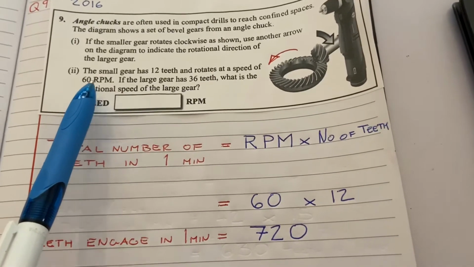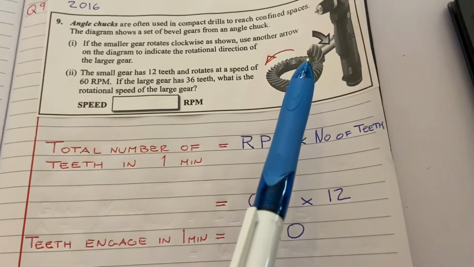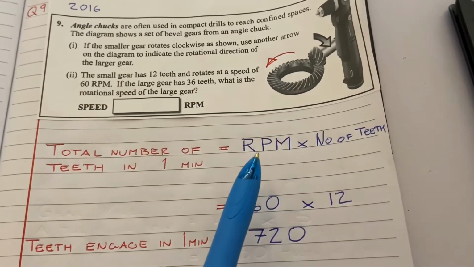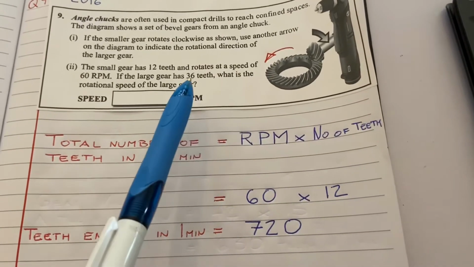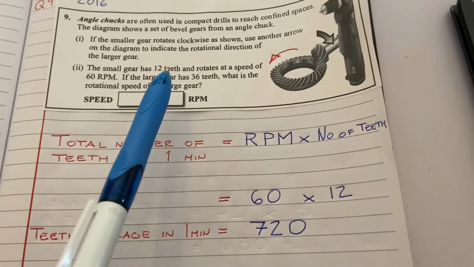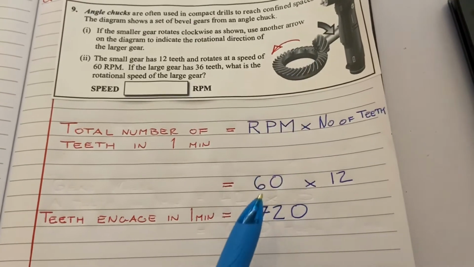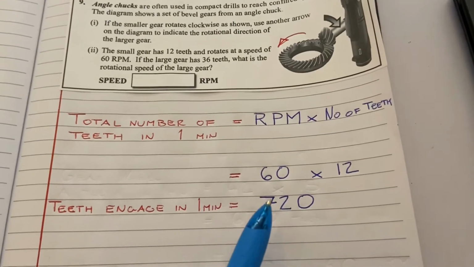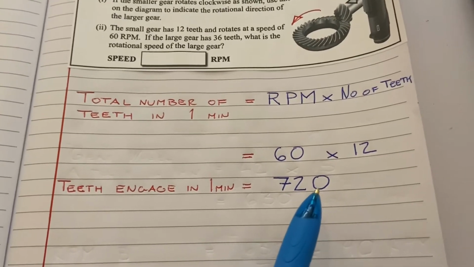That means it spins around once every second. So we take the RPM and multiply it by the number of teeth on that wheel, which is 12. 60 multiplied by 12 will give us the total number of teeth that pass by in a minute. When we work that out, we get a figure down here of 720.